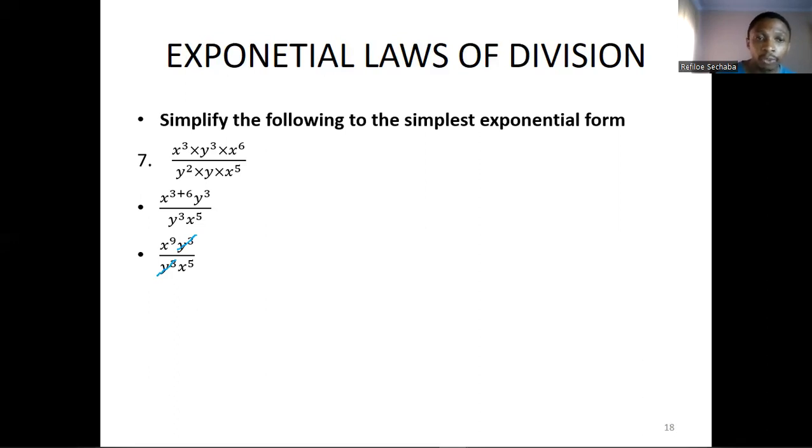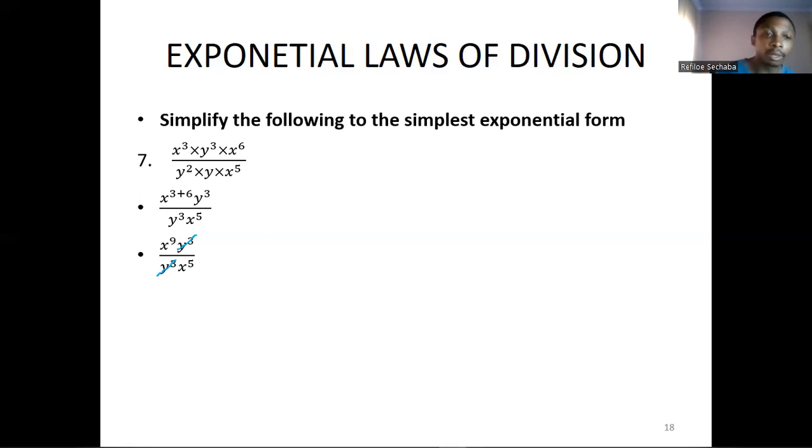Otherwise, you cannot do that. You can't even apply exponential laws if there's a plus or minus between terms. Exponential laws can only be applied if there is a multiplication or division. And look for options, because there are options that you can simplify if you're given a plus or minus. Simplify so as to eliminate that plus or minus, okay?